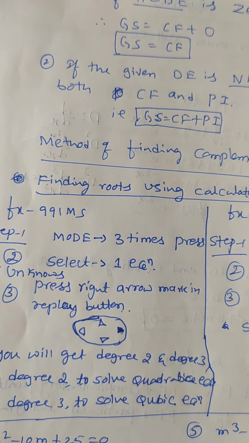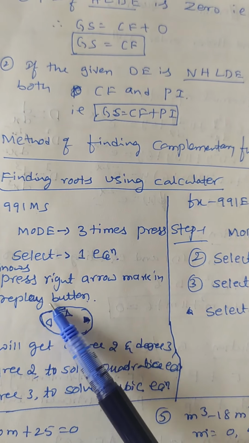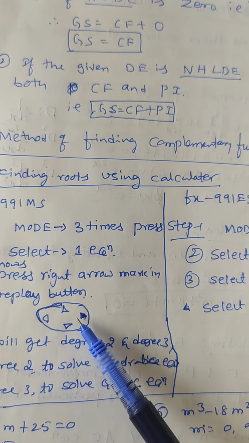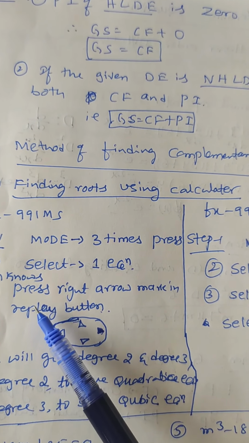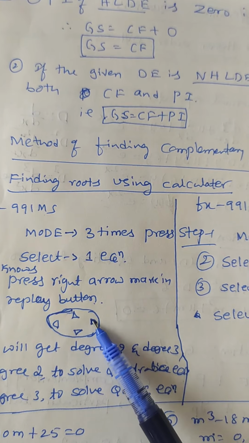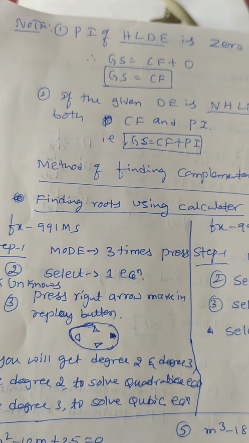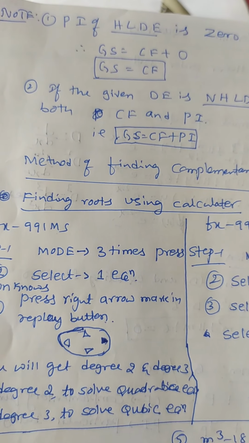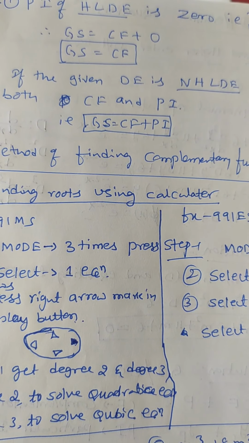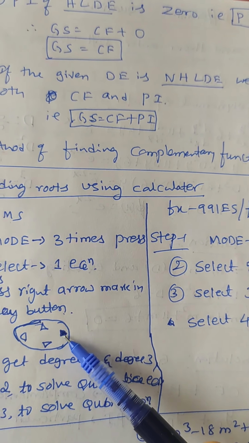To find the roots, in a 991 MS, there is a button like this, center button, white color. Press the right side arrow mark of that button. That button is called the replay button. Press right side like this.